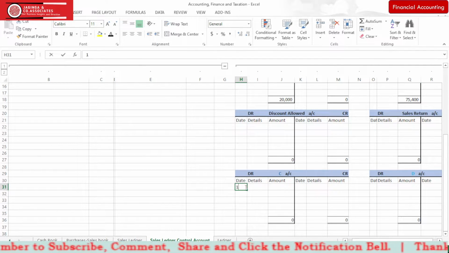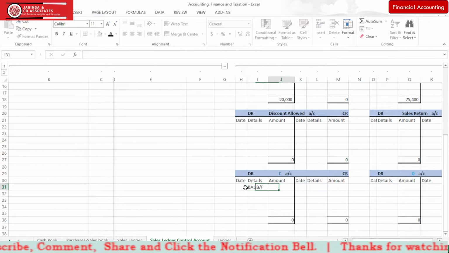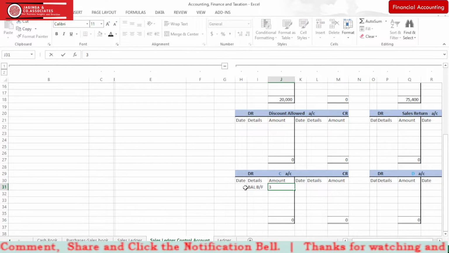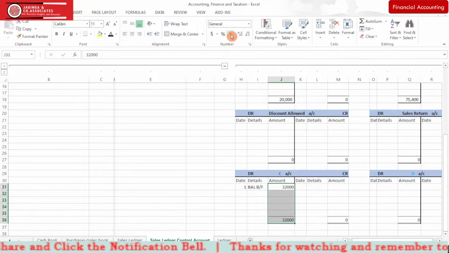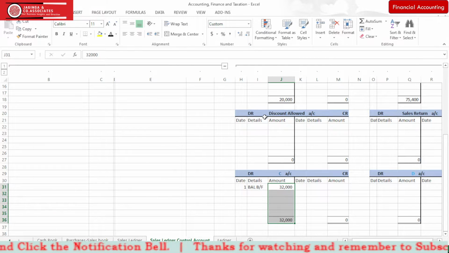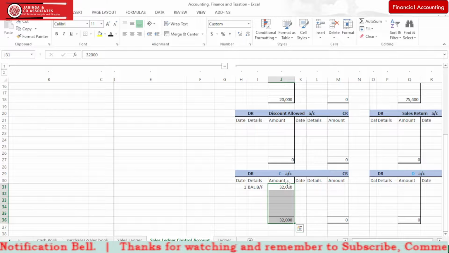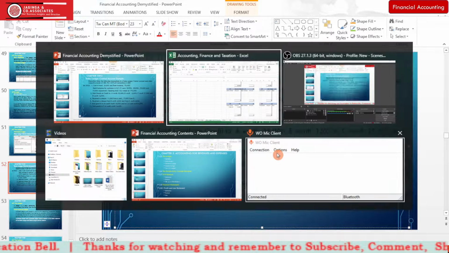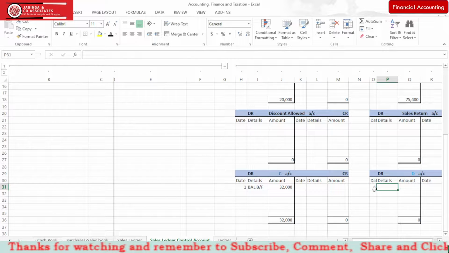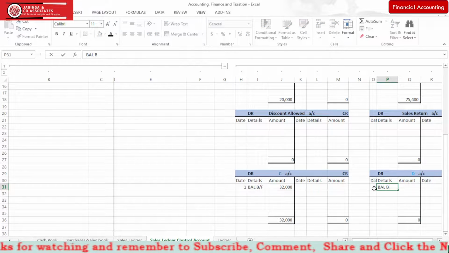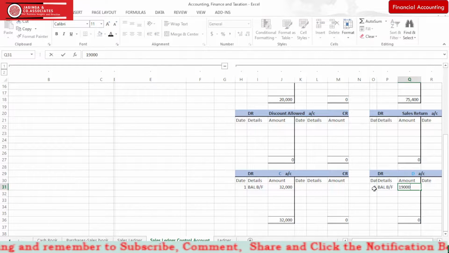Here we have customer C balance brought forward 32,000, and then we also have customer D balance brought forward of 19,000.